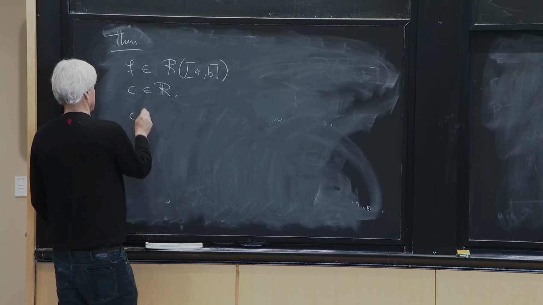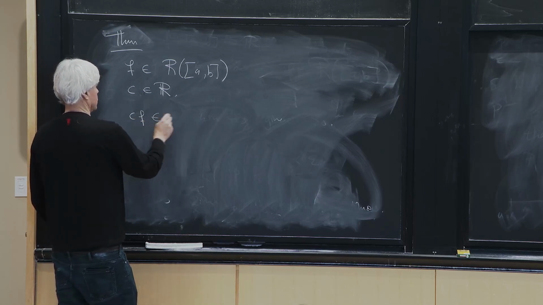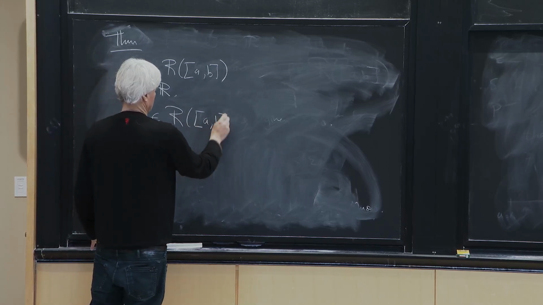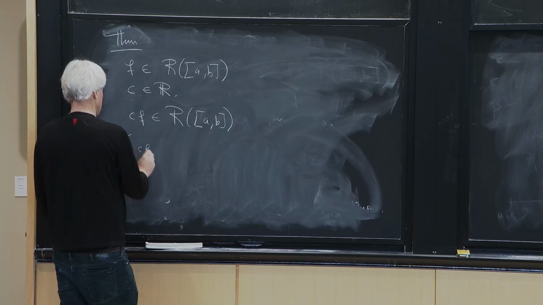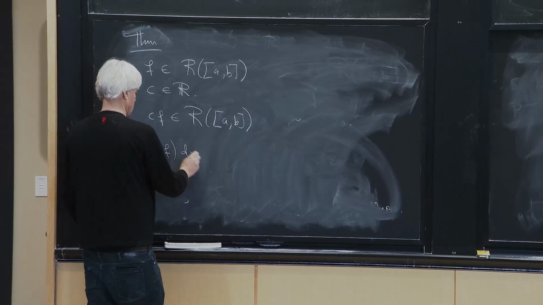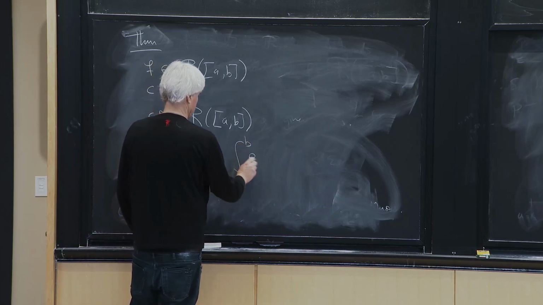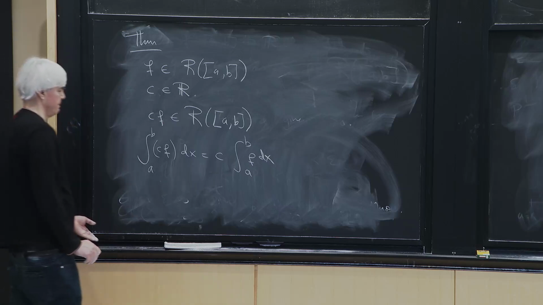Then this constant times f is also Riemann integrable, and the integral of this function is equal to c times the Riemann integral of f, like that. Right. So that's the first one.